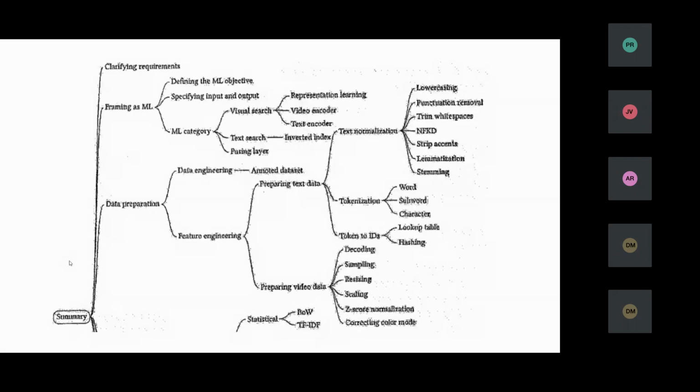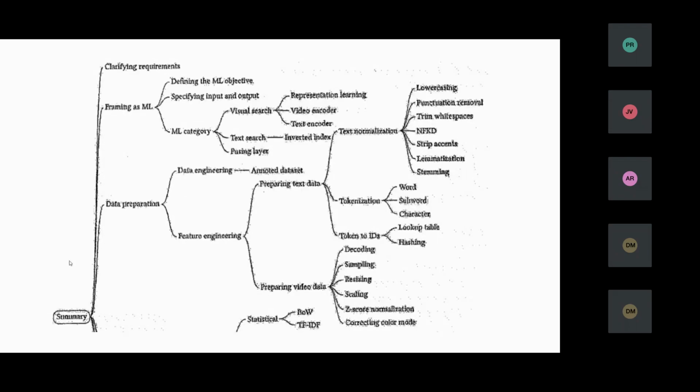But in feature engineering, we discussed preparing the data, which was text normalization, where we discussed normalizing the sentence or the text query that we will be having. So lowercasing the sentence, punctuation removal, trimming white spaces, normalized form, compatibility decomposition, strip accents.